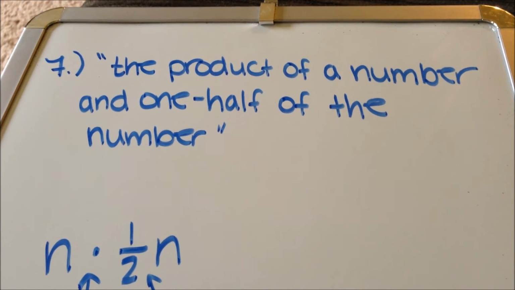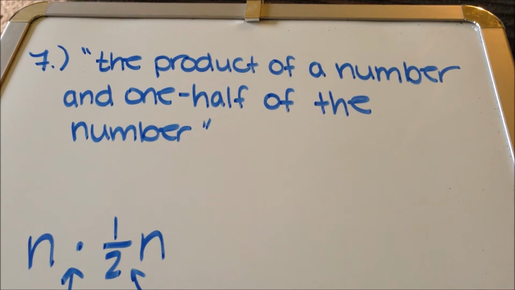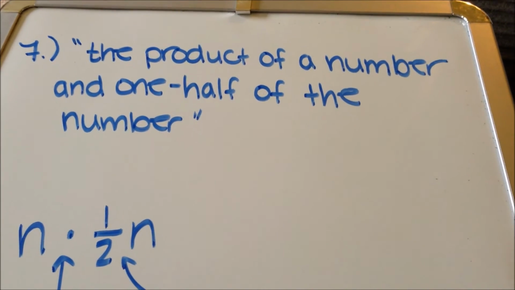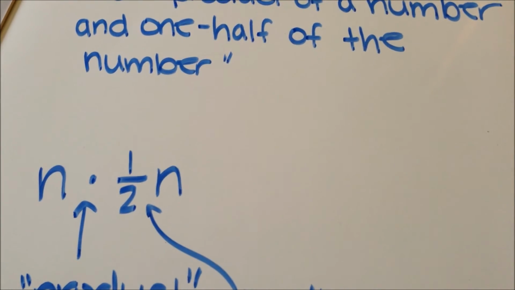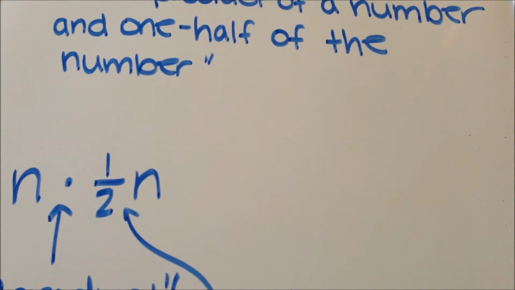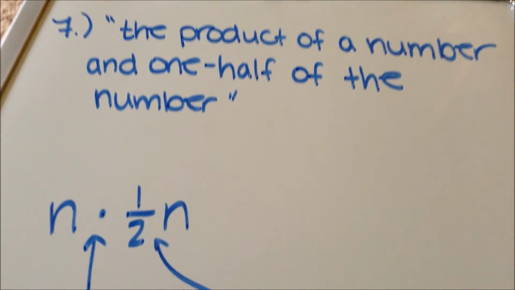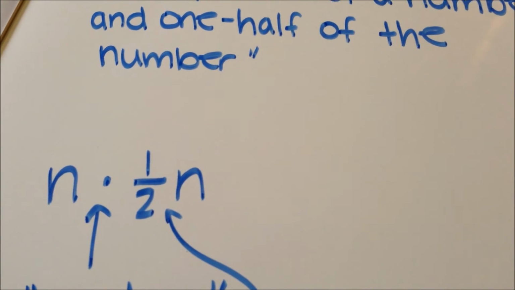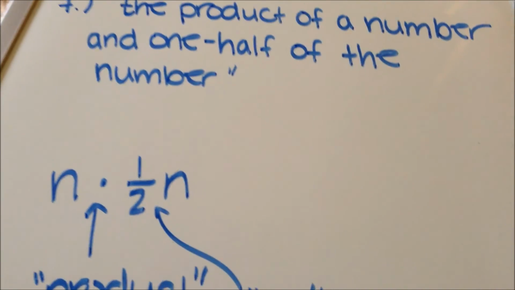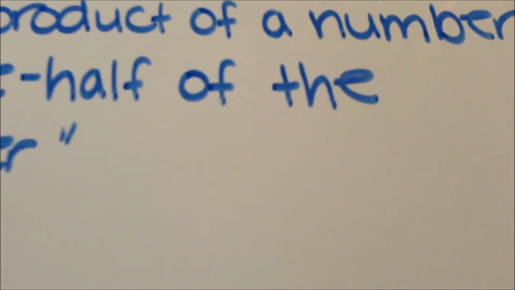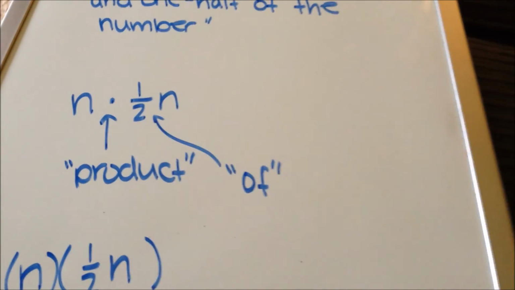Finally, number 7, translate the product of a number and 1/2 of the number. I chose n again. You can choose whatever letter you want from the alphabet. So this is essentially a product, meaning multiplication. So it's n times 1/2 n. The word of, so 1/2 of the number, also means to multiply.